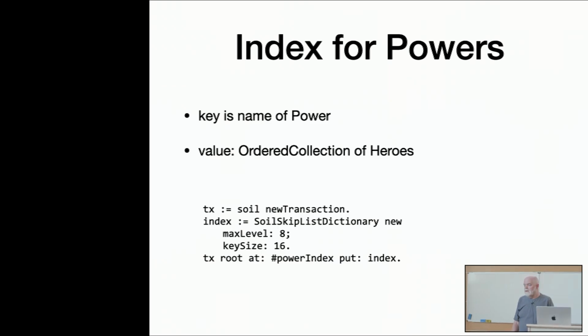So that means our keys are now 16 bytes long that we store in the index. And all the names just converted into a number fit very well into that. And then in this example, that's why we put the dictionary as the root. We put the power index into the root.